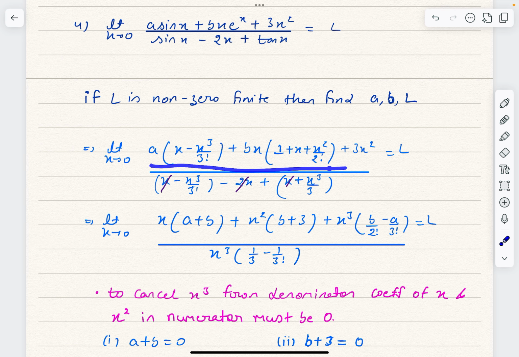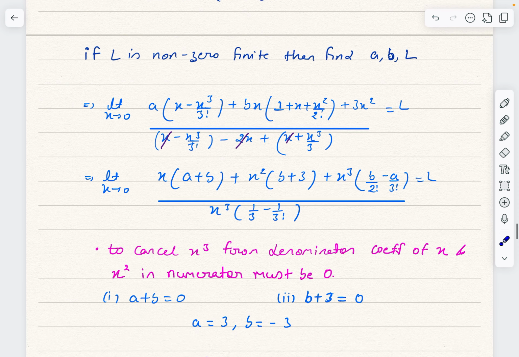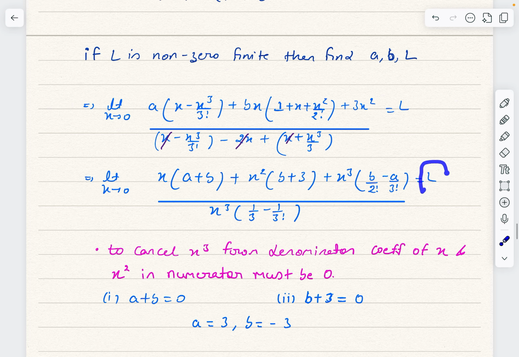Now when you combine the x terms, x square terms and x cube terms, we end up with x into (a plus b), x square into (b plus 3), x cube into (b by 2 factorial minus a by 3 factorial), divided by x cube into (1 by 3 minus 1 by 3 factorial), and this is equal to L. Now, if you want L to be a finite non-zero number, what should happen here?